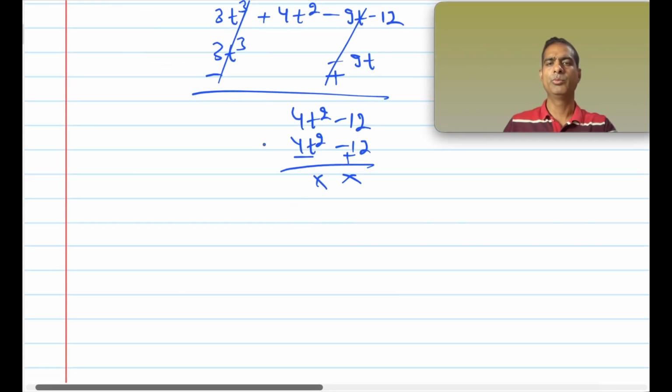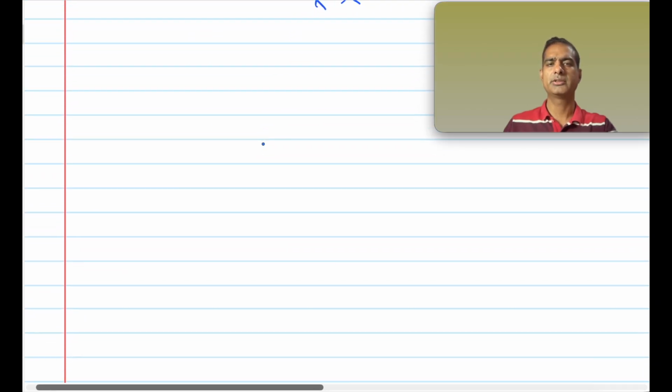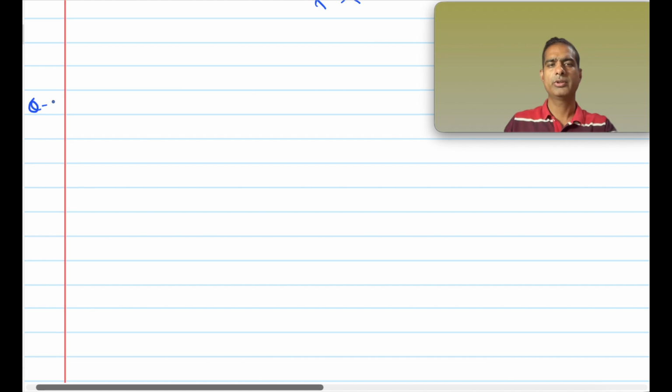Now let us try one more problem to make the concepts clear. So question number 2, and let me see which option to try. Let us try part 3. The given polynomial which we have to divide is x to the power 5 minus 4x cube plus x square plus 3x plus 1.